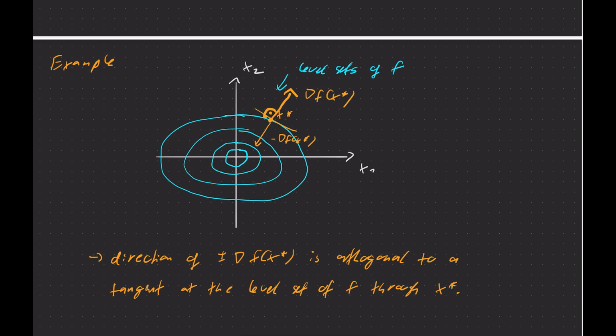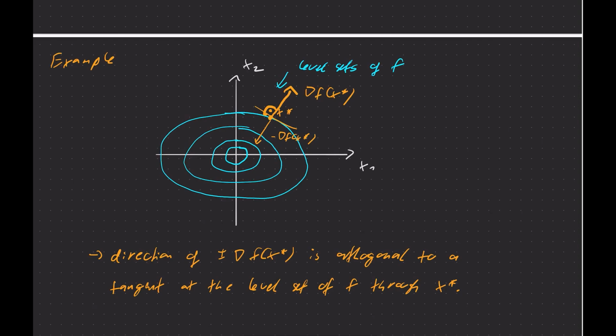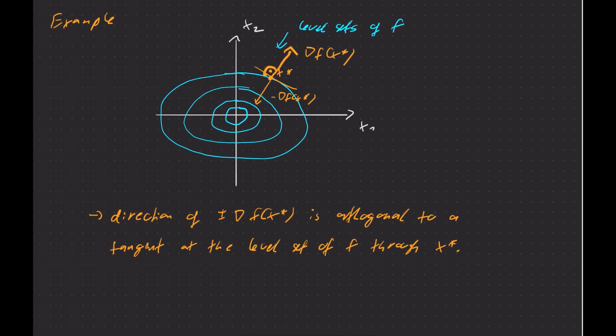So that means if we have contour lines, then it's easy to find the direction of the gradient for a given point on those contour lines. Okay, so that's the geometry of the gradient.